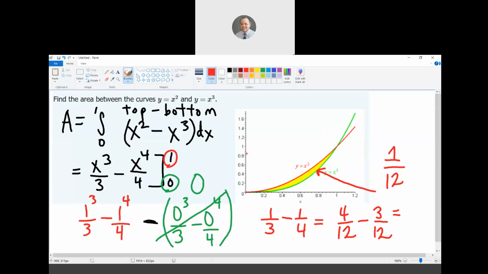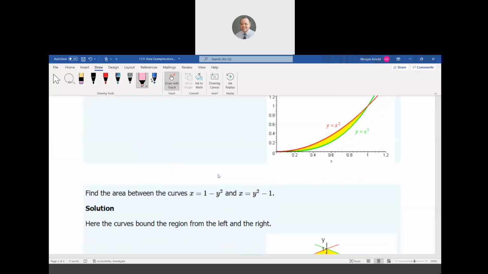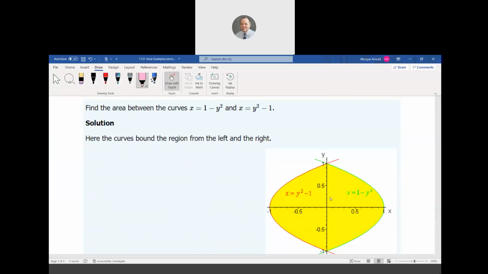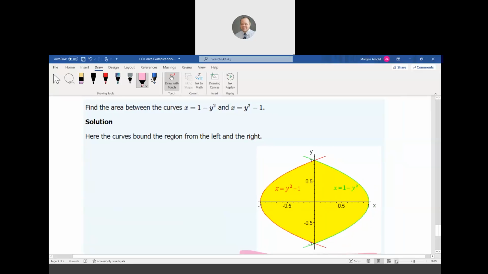All right, so far we've looked at curves that have been in terms of x. But what if you have a problem where your functions are in terms of y? So let me walk you through how to find this particular area.